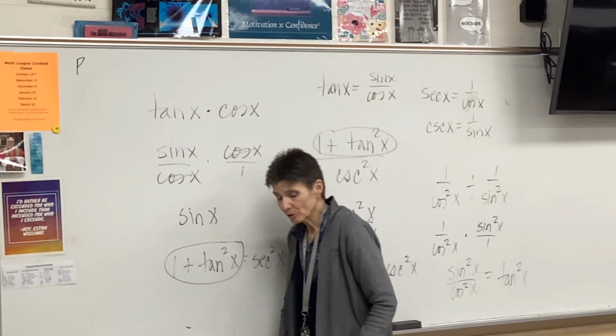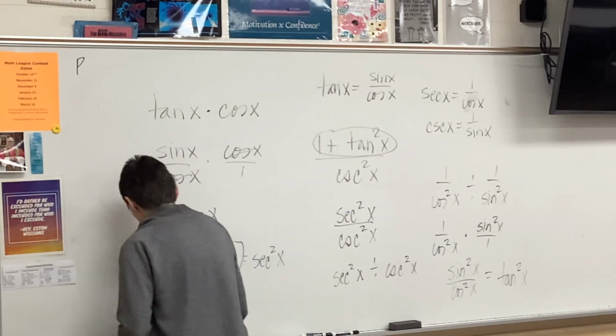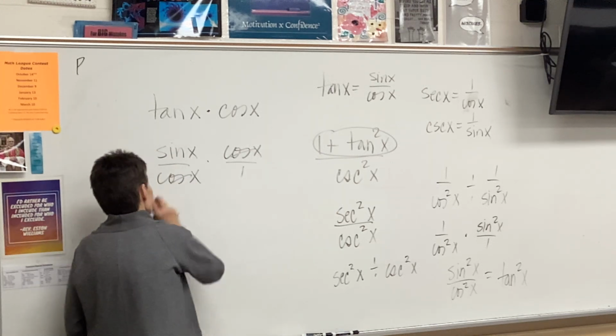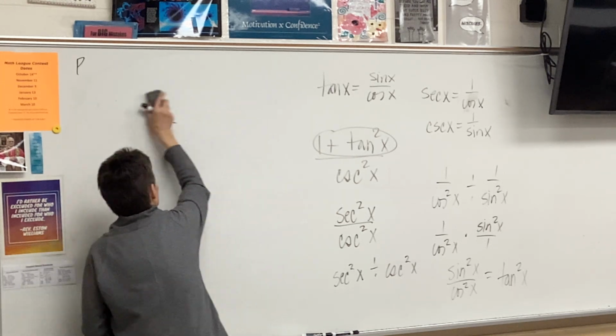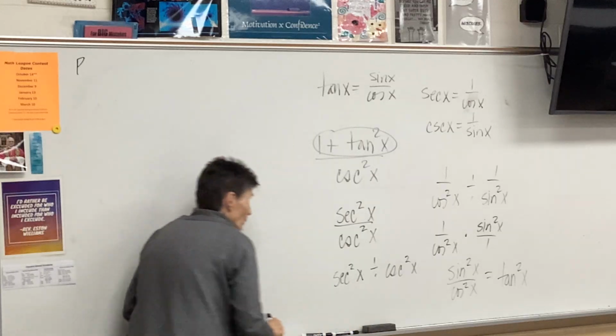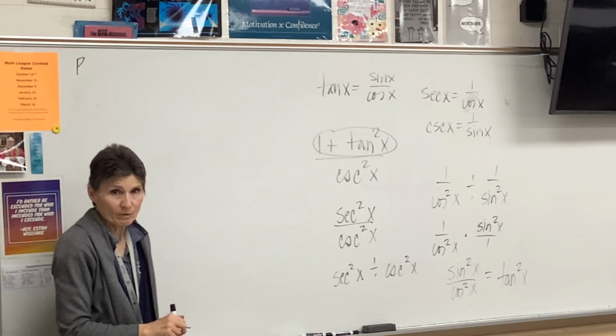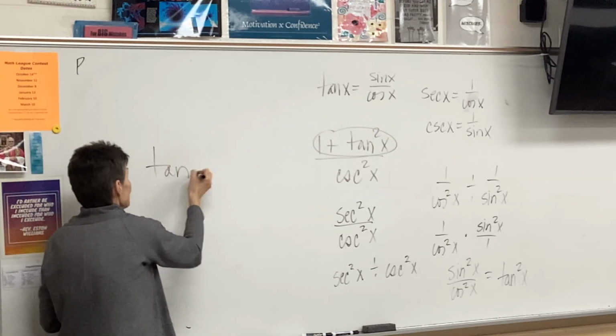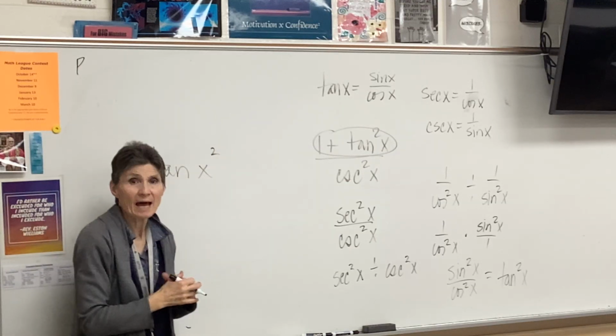Now, it just occurred to me that I might need to clarify something. When we square a trigonometric function, like I say tangent squared, we can't write it this way. Would you agree with that?